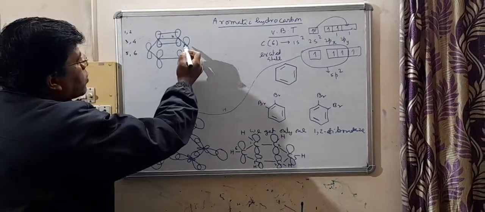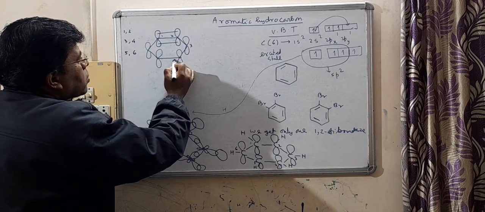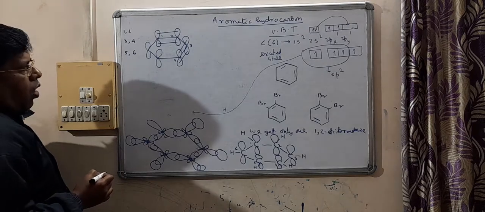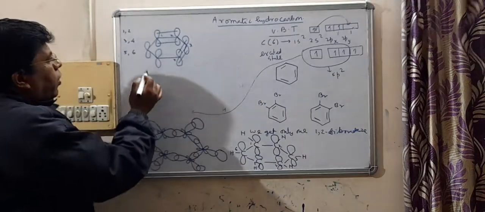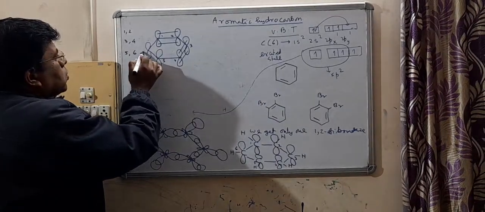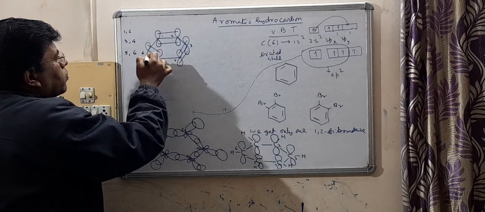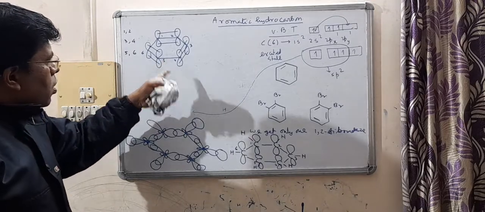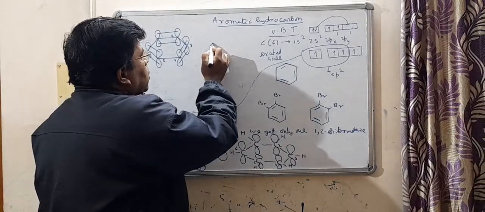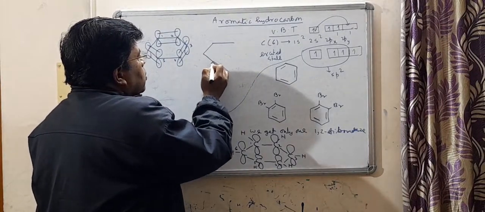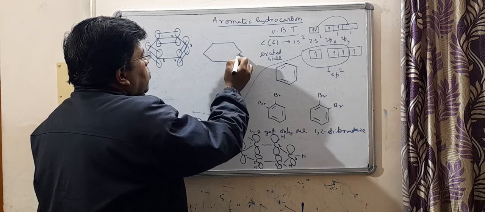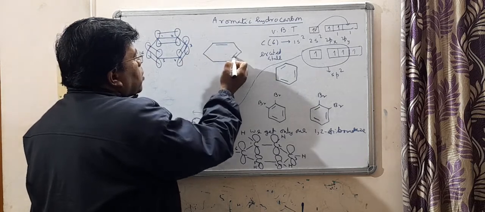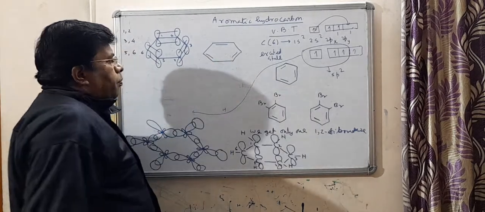Then 3, 4 sideways overlapping. This is 3. This is 4. Then 5, 6 sideways overlapping. So from here we get, you can write this bond line notation for benzene. There is a double bond here, there is a double bond here, there is a double bond here.